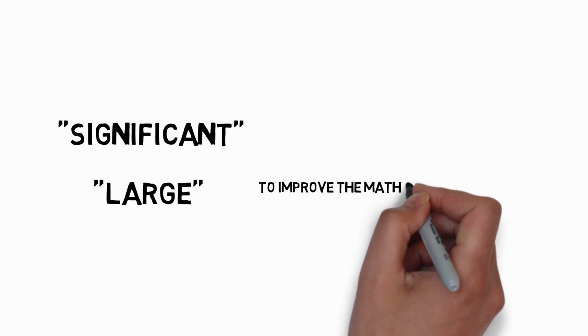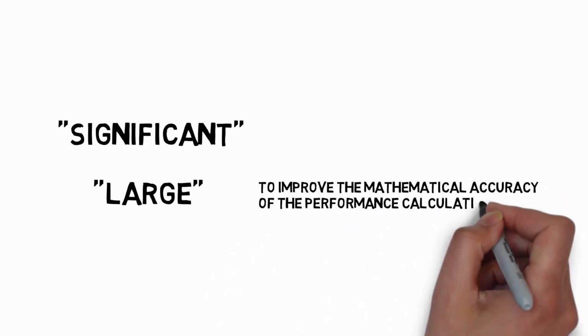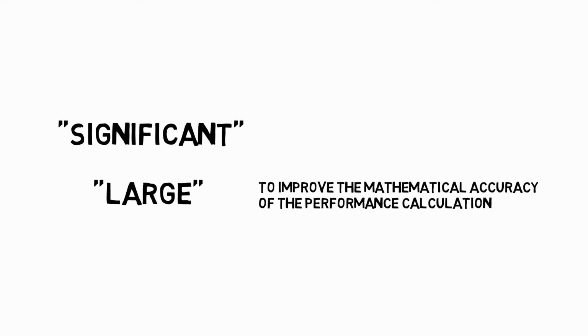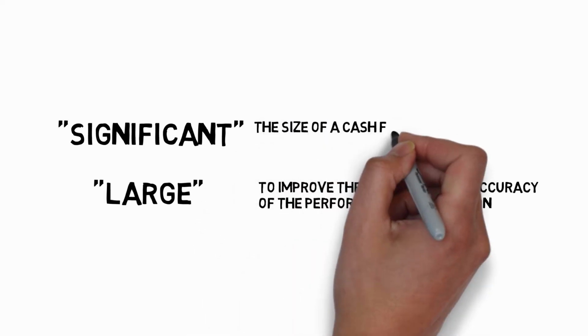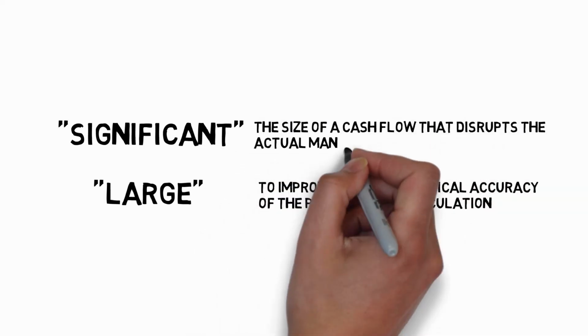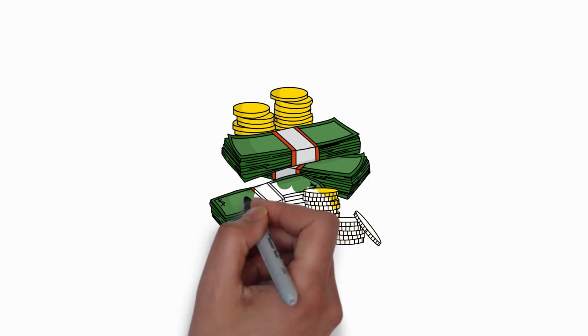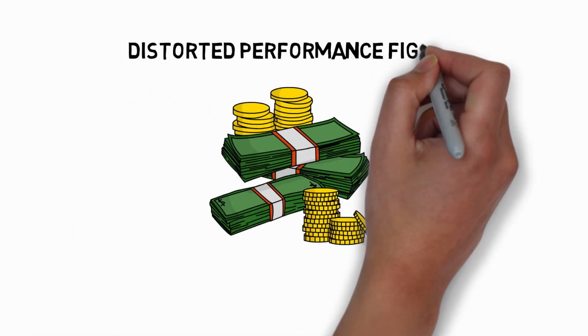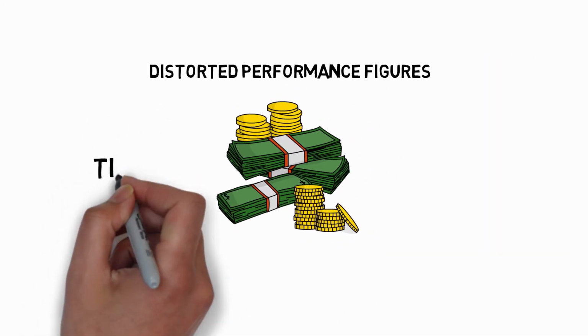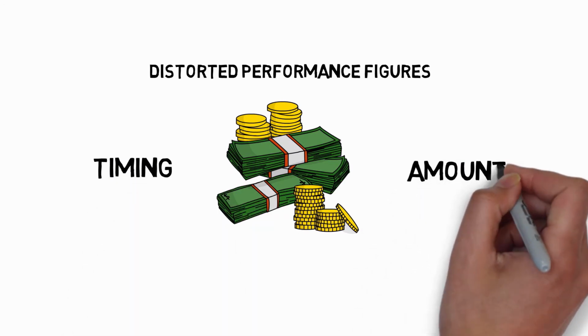While the large cash flow threshold is set to improve the mathematical accuracy of the performance calculation, the significant cash flow threshold is based on the size of a cash flow that disrupts the actual management of the portfolio. Significant cash flows often lead to distorted performance figures that are out of the portfolio manager's control in terms of timing or amount.